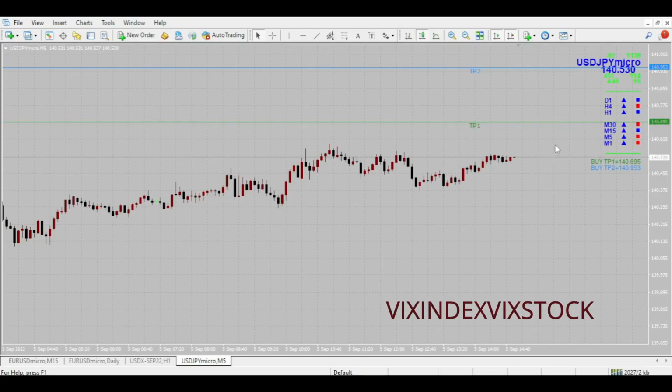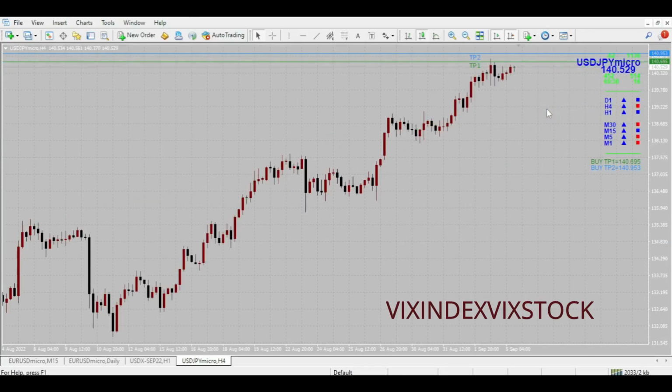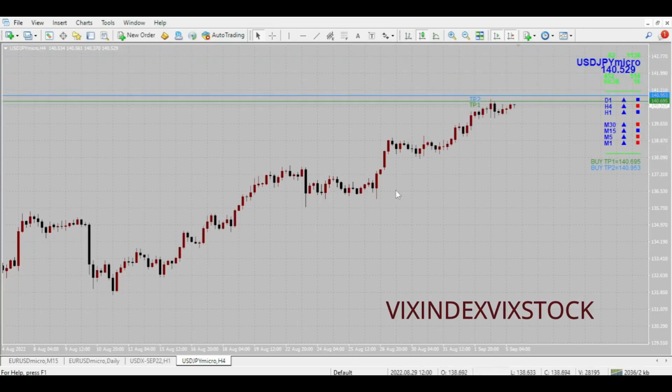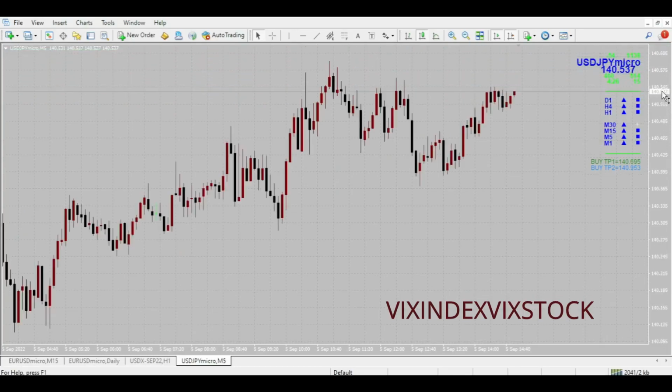I would say, first of all, don't just rely on this. Just to be safe, also go onto your higher time frames and understand the trend there. Then when you drop down to the 1 minute or the 5 minute and you see everything is matching up, it means there is potential.